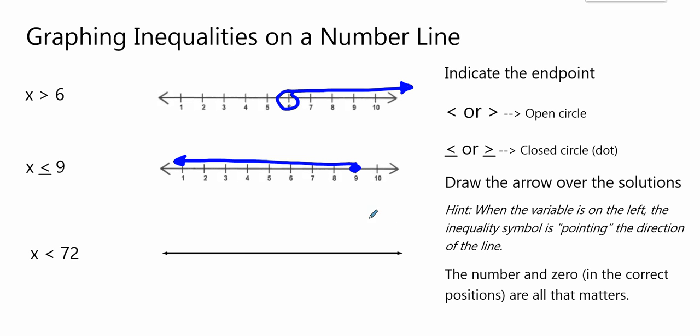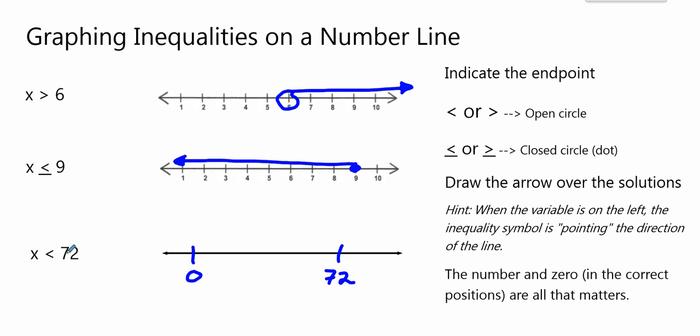I'm going to put 0 here and 72 somewhere to the right of it. It doesn't matter where, as long as you put the positive number to the right of the 0. If it were negative, you would switch these positions. Then we just follow the steps as indicated.